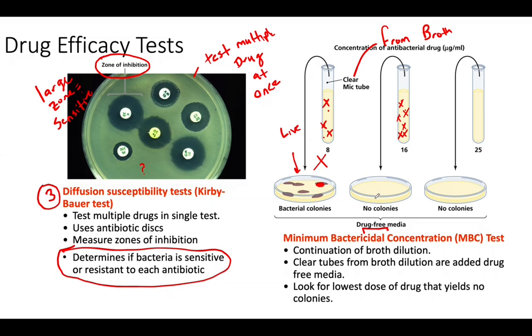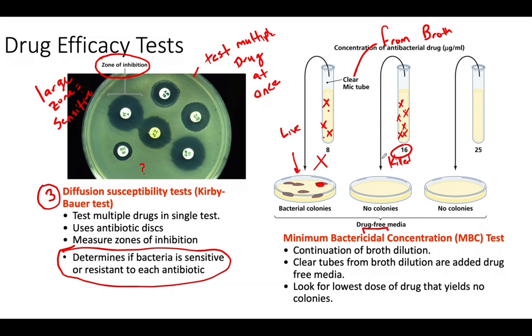No colonies means no living bacteria, and so we have killed all the bacteria. And this one has killed as well, but again, we're looking for the lowest dose. So even though this yielded no colonies, and maybe this next one did as well, this tube would be the lowest dose that yielded no colonies, or another way of saying that is the lowest dose that killed all the bacteria.